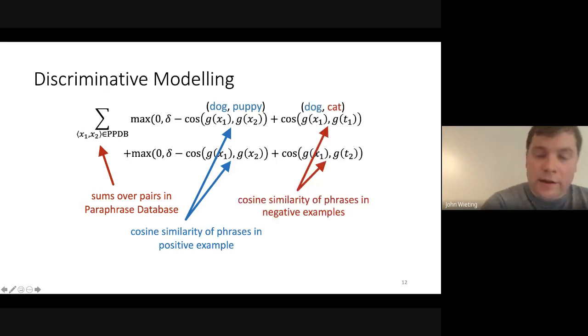So we somehow extract a negative example, t1 for x1 and t2 for x2. And then we are basically optimizing to push our positive pair away from the negative pair plus a margin. So this is just a max margin contrastive loss.